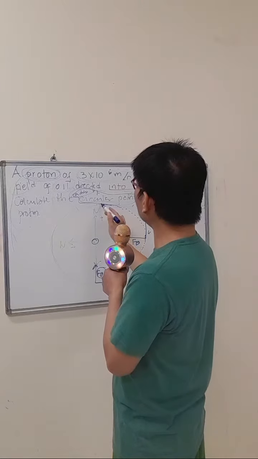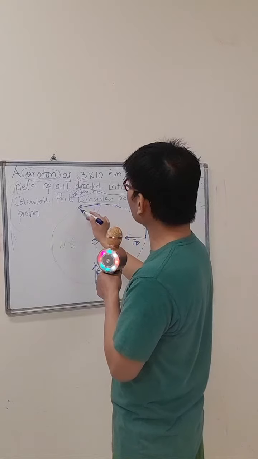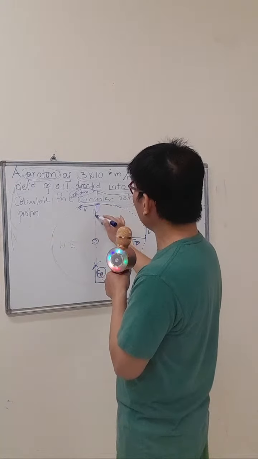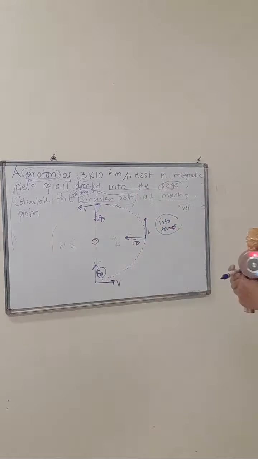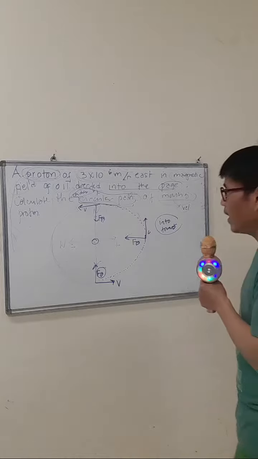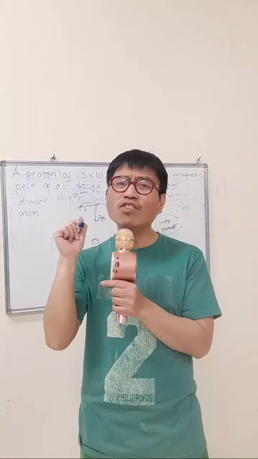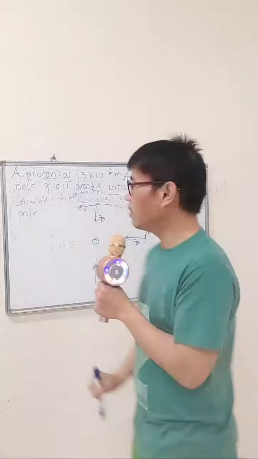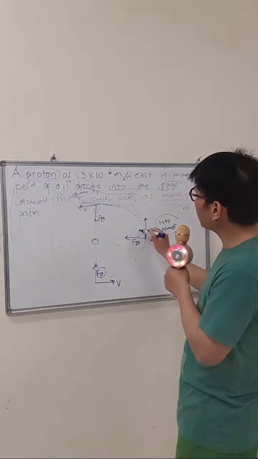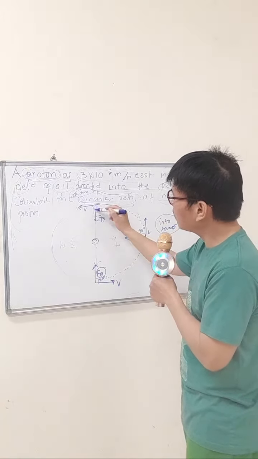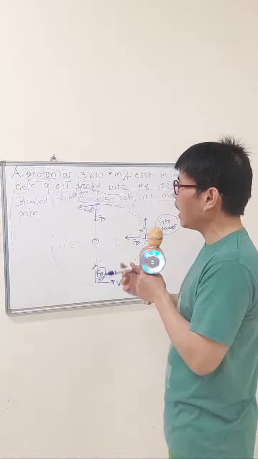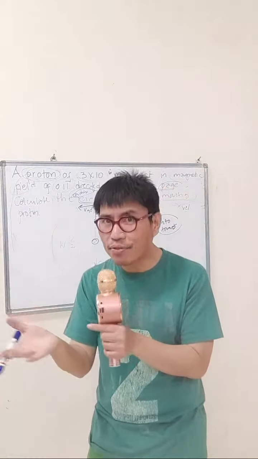So your velocity will be going there, the direction, velocity, and then your FB downward. So we need to say, mga palangga, this velocity and the magnetic force have a relationship of being perpendicular to each other. So I need to say 90 degrees of inclination, in a circular path.